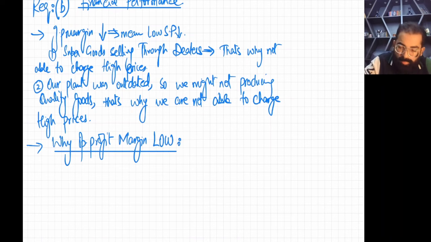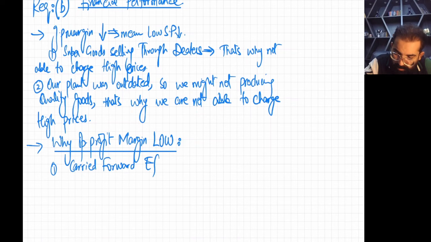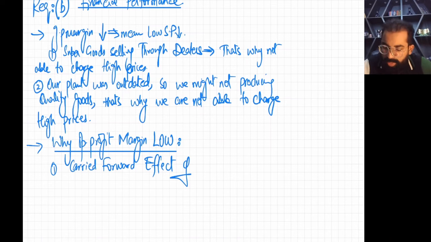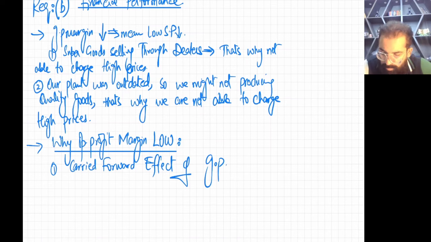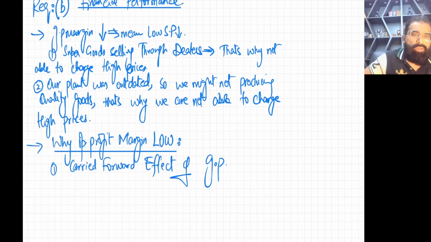Why is operating margin low? Number one, the carried forward effect of GP.